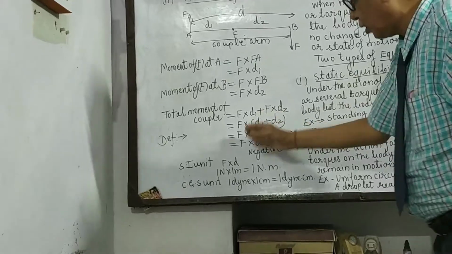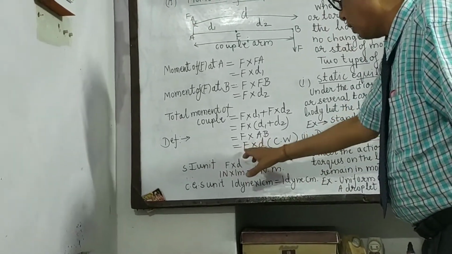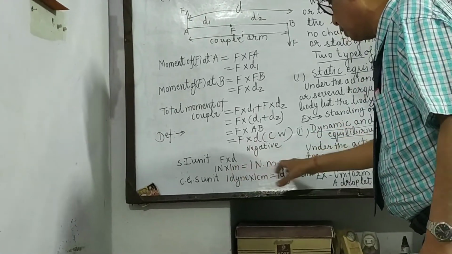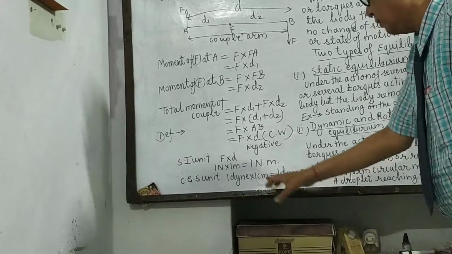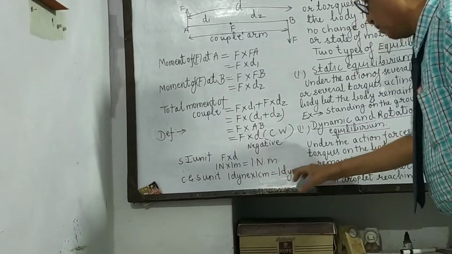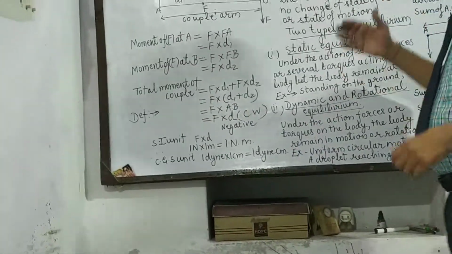The SI unit you will make by this formula, moment equals F into D. The SI unit is 1 Newton into 1 meter, 1 Newton meter. The CGS unit, same formula, is 1 dyne into 1 centimeter, 1 dyne centimeter. So this is about the formula of the moment of couple.